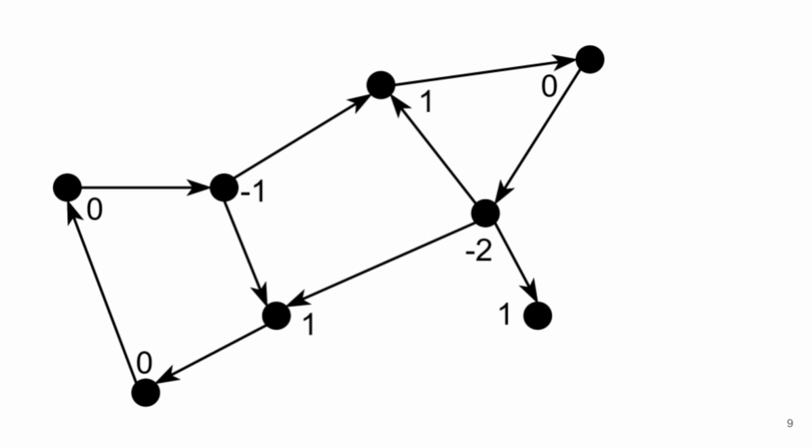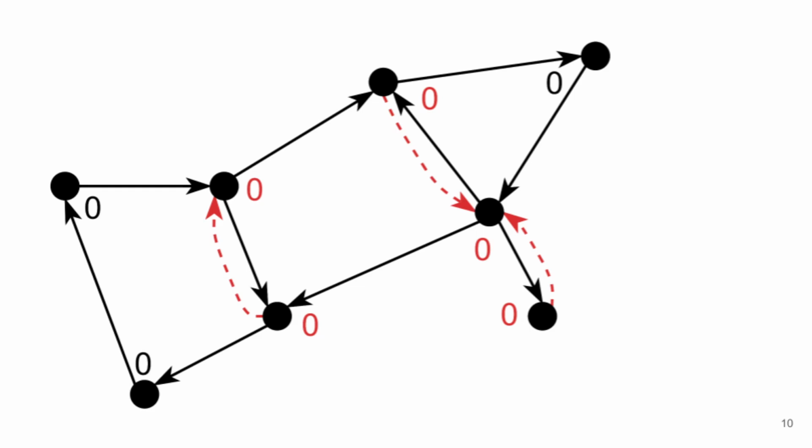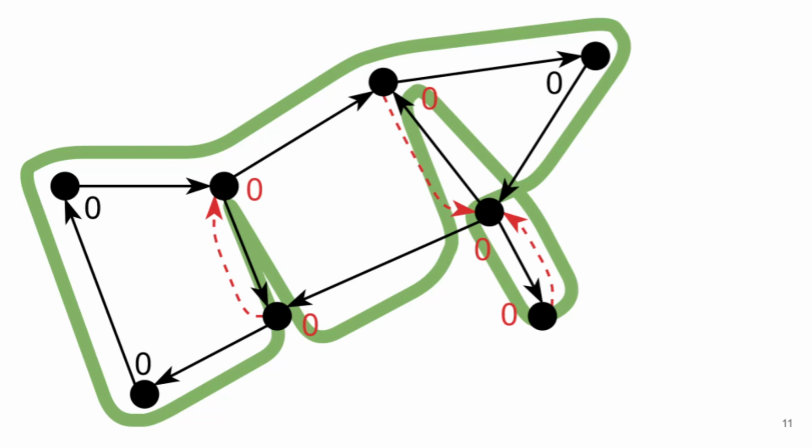This is done simply by adding edges from the nodes with positive imbalance to nodes with negative imbalance until all of the imbalances have been fixed. For example, we could add these 3 edges here, and now every node has imbalance 0. Next, we compute an Eulerian path, any Eulerian path. This is one example.